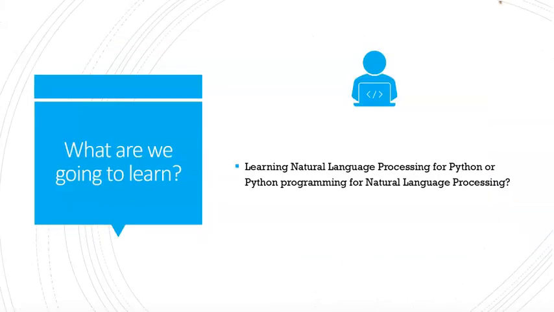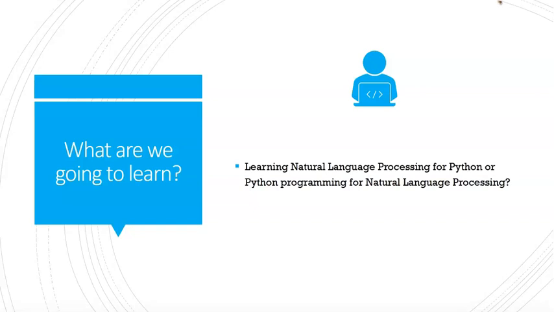What are we going to learn in this course? If you look at your handbook, the course was named NLP with Python, but it is renamed now as Python for Natural Language Processing. Why is it done? If you are looking at it from the point of view of learning natural language processing and you already know Python programming, then it is natural language processing with Python.